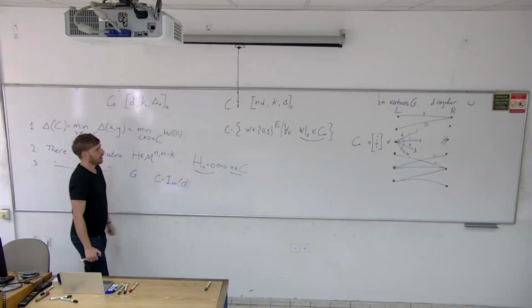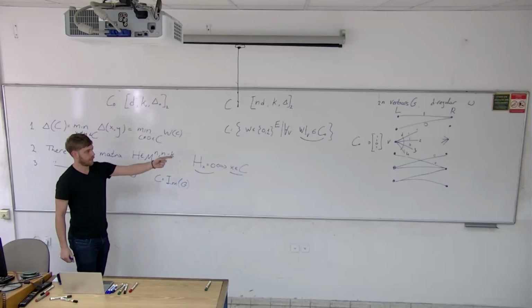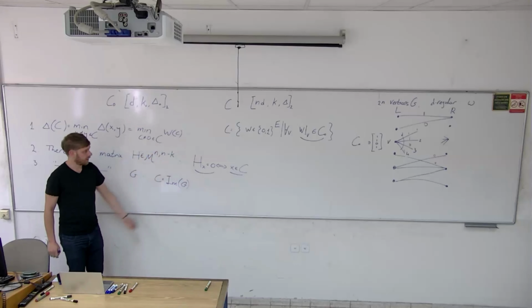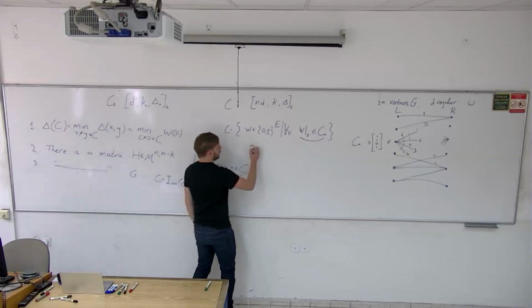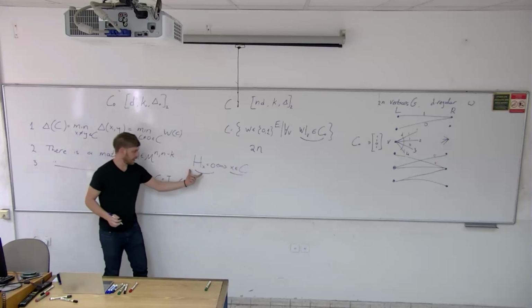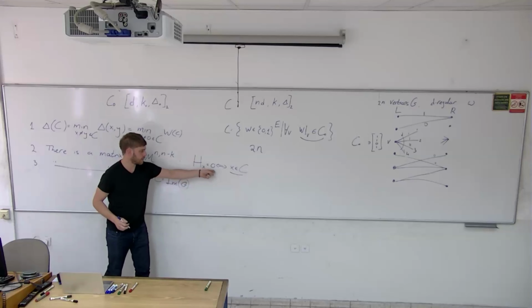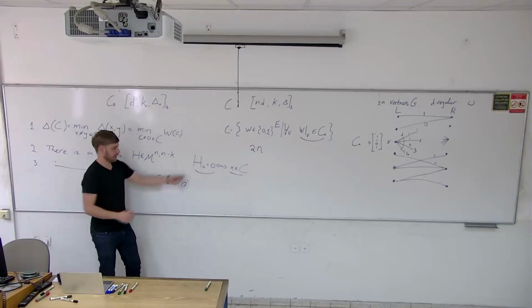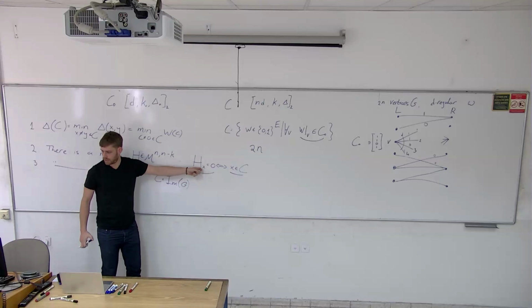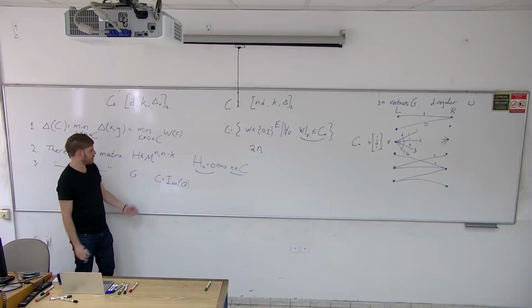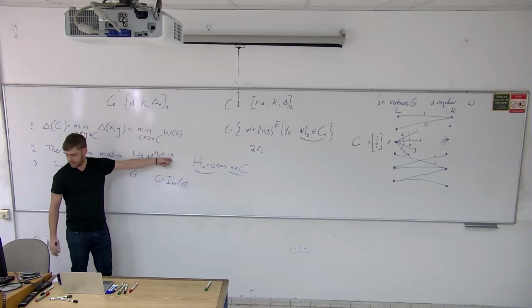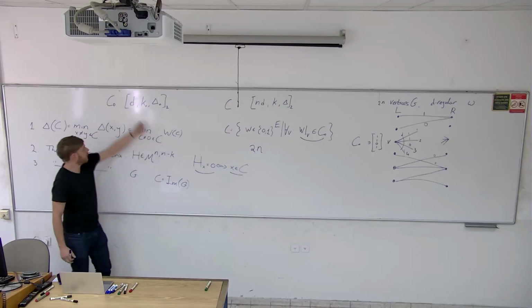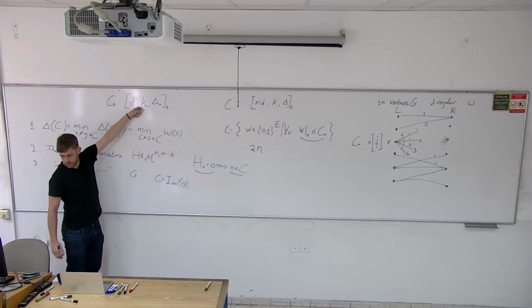So how many constraints are there in this construction? There are 2n vertices. Each one of them has a linear constraint of the form hx equals 0, but this is actually not a single linear constraint, but n minus k linear constraints, where n is d and k is k0.